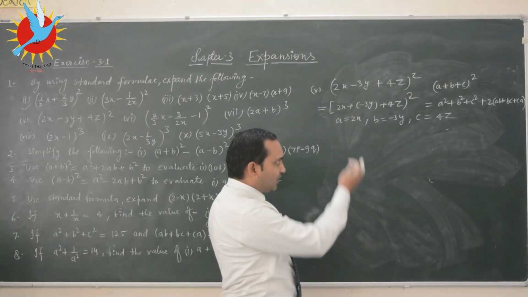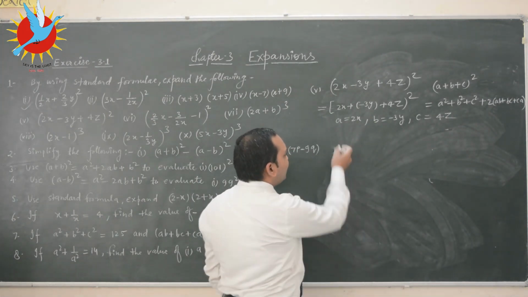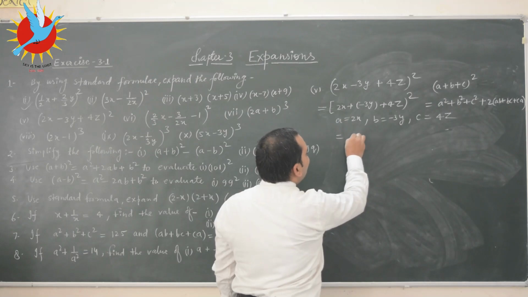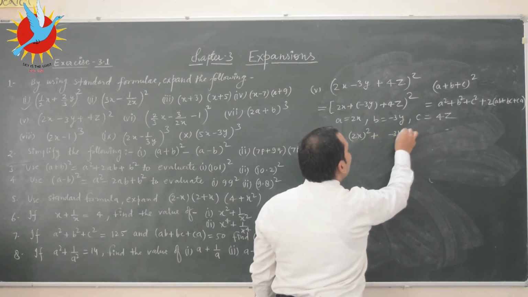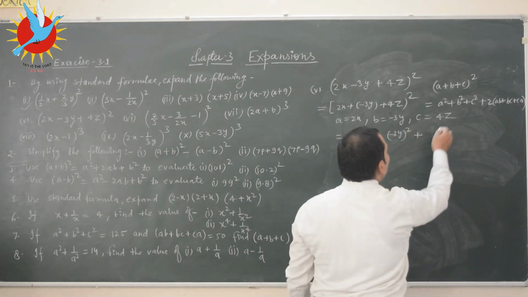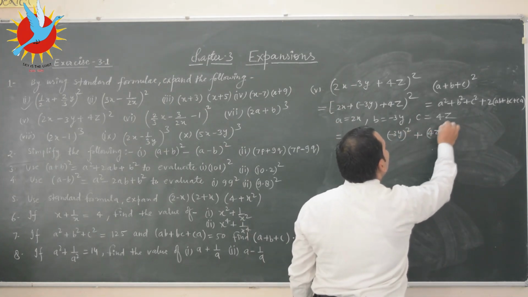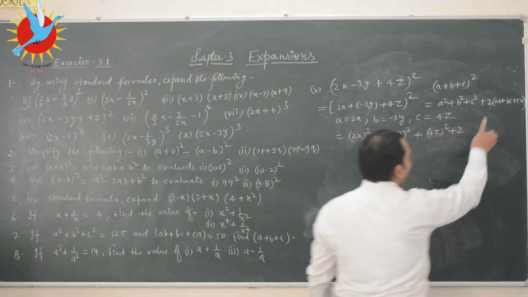Now apply the standard formula, that is A square means 2x whole square plus B square minus 3y whole square plus C square, that is 4z whole square, plus 2 common.